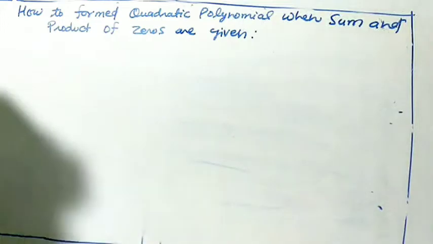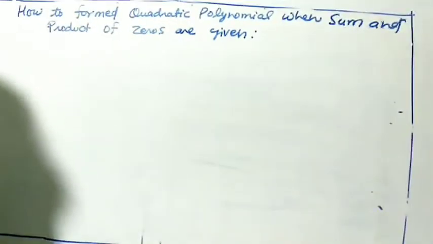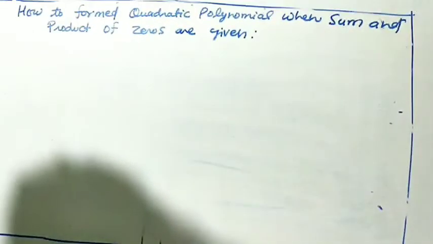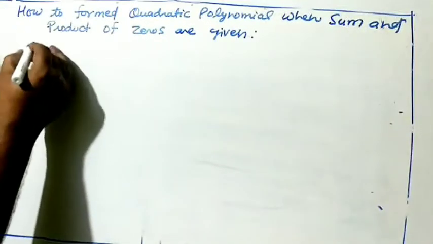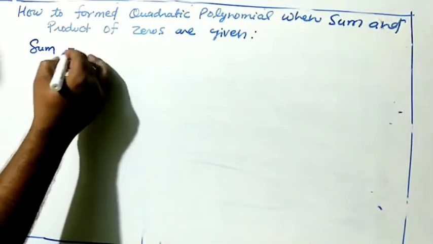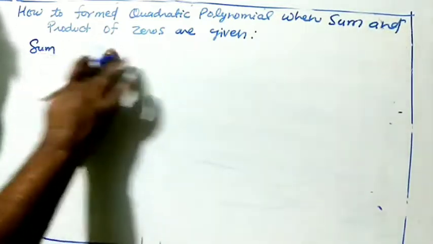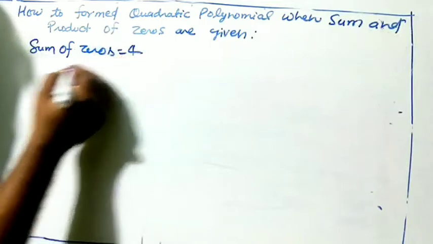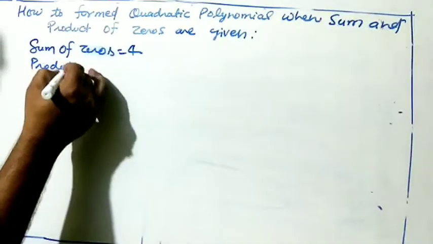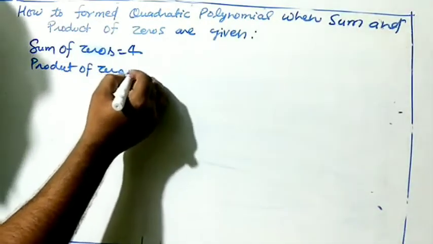The next topic is how to form a quadratic polynomial when the sum and product of zeros are given. So let's take one question. The sum of zeros is given as 4, and the product of zeros is given as 1.